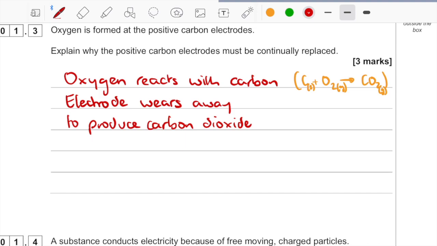There are electrolysis questions which can be about any aspect of electrolysis, but there is one part of the course specifically about the extraction of aluminium. It has some unique features, one of which is that the electrodes have to be replaced every so often because the oxygen that's produced reacts with the carbon in the electrodes, forming carbon dioxide.